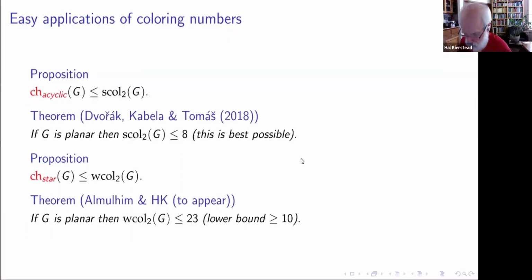It turns out that this bound for the list star chromatic number of planar graphs is best known. The lower bound is 10, both for this number and for this number. We think strongly that we can prove less than or equal to 18, but we haven't done it yet.